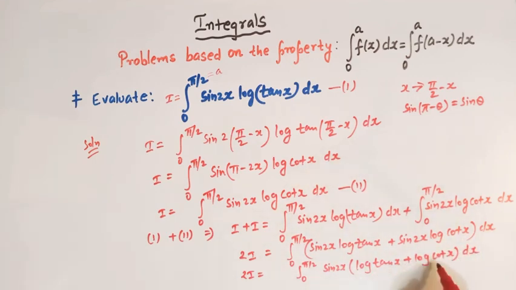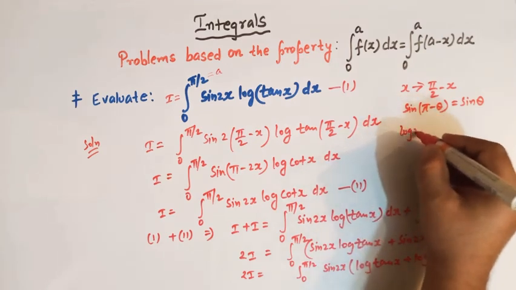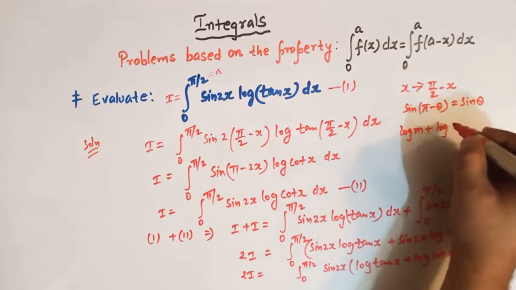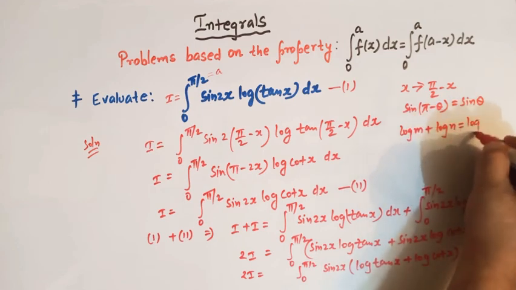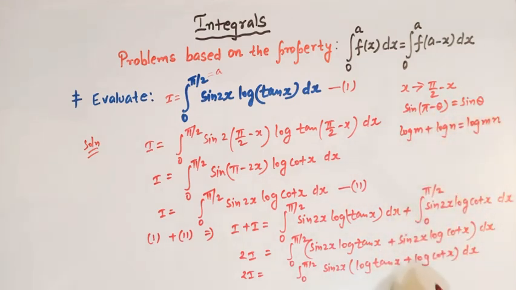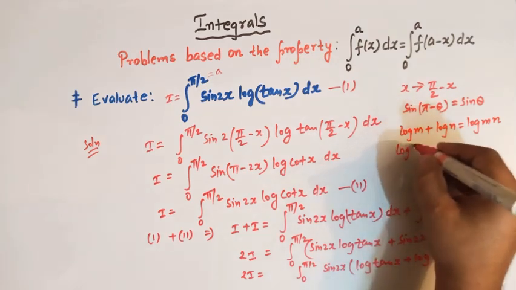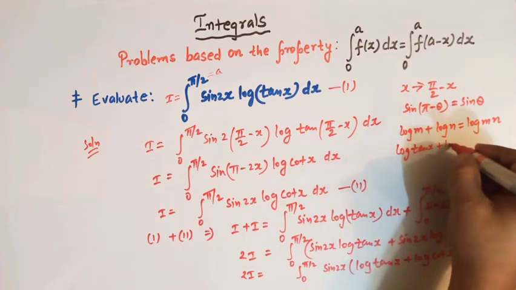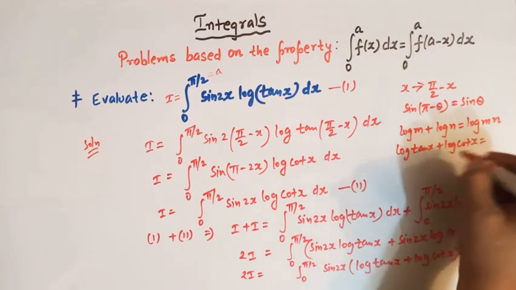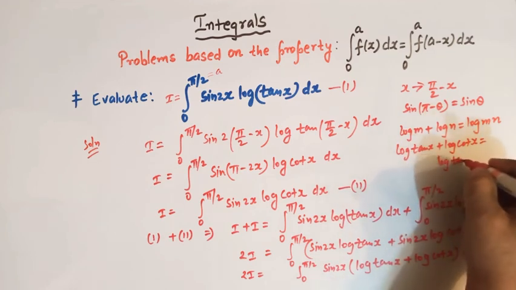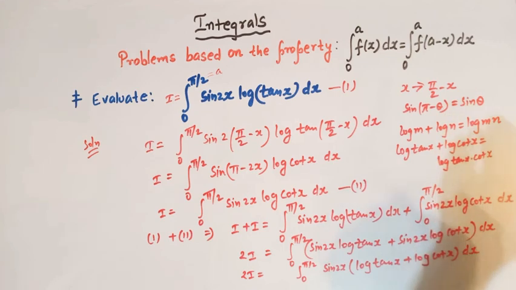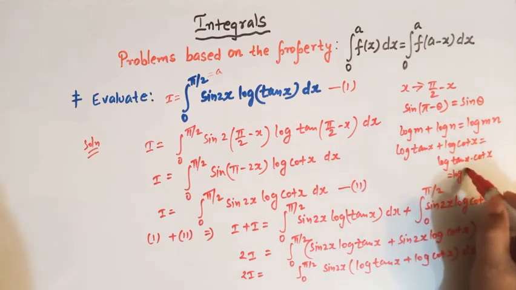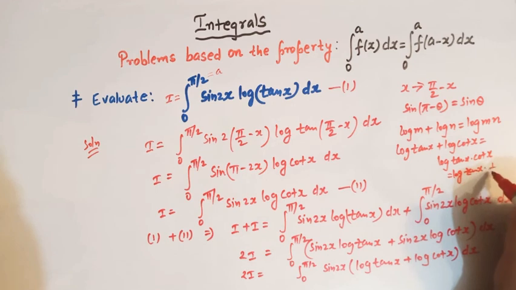Now log tan x plus log cot x, so again applying the same property of log, that is log m plus log n can be written as log m multiplied by n. So log tan x plus log cot x can be written as log of tan x multiplied by cot x, and here we can write this as log of tan x times 1 over tan x, tan x and tan x get cancelled, so we have log of 1, that is 0.